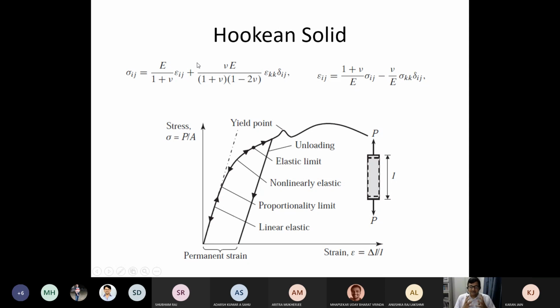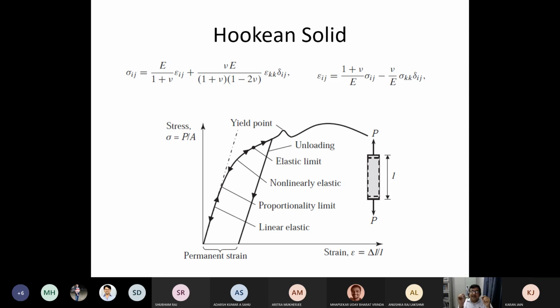So in case of an incompressible material, since this is becoming infinite, in order to be consistent, EKK has to be 0.